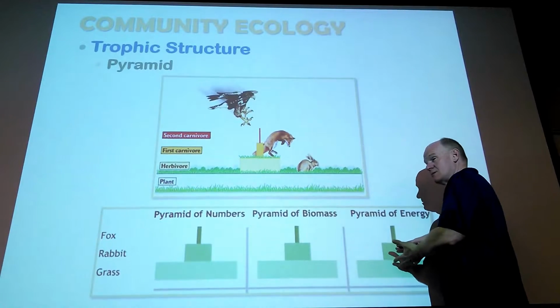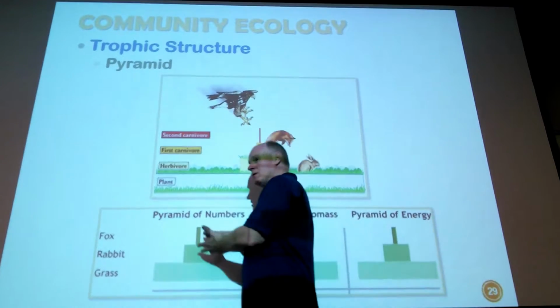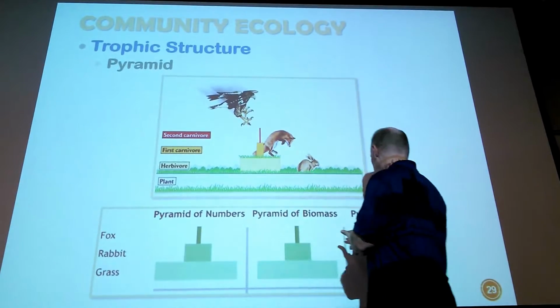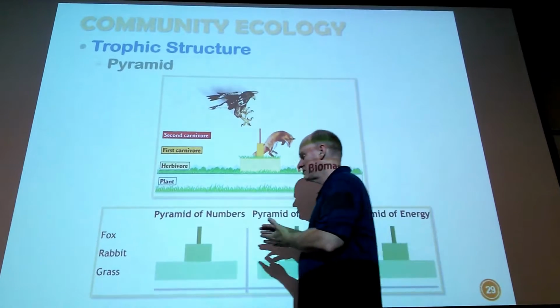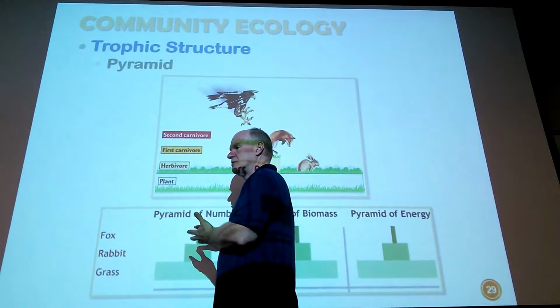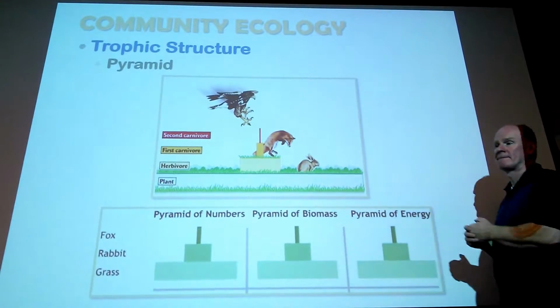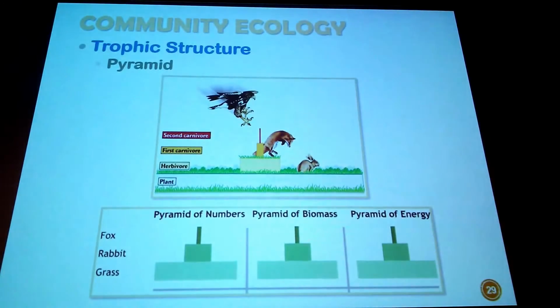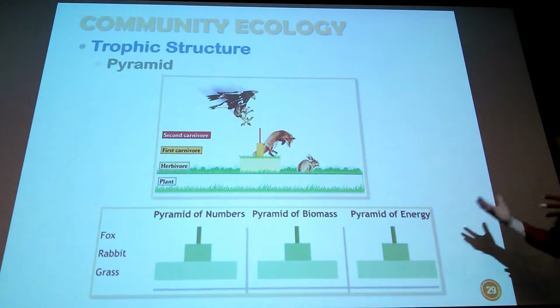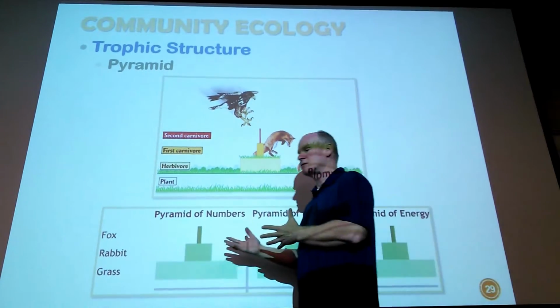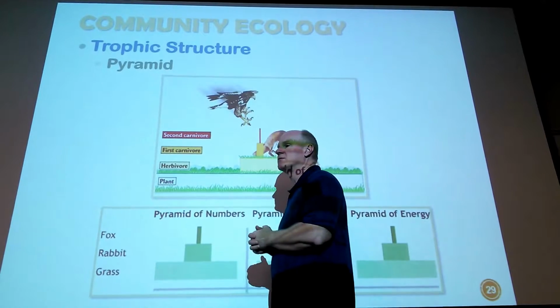Well, if I lose 90%, then I can only support 100 rabbits. And if I lose 90% again, then I can only support 10 first carnivores. Does that make sense? So if I lose 90% energy, I lose 90% of numbers, or I can only maintain 10% of the numbers from one trophic level to the next.